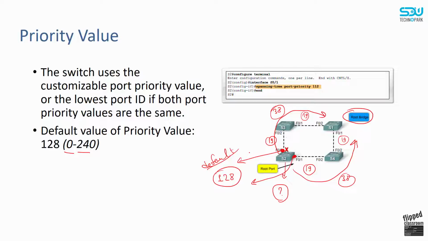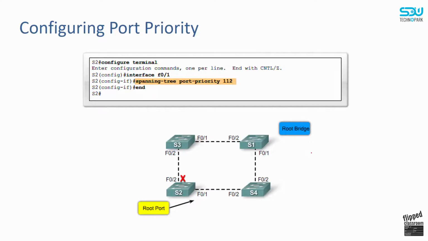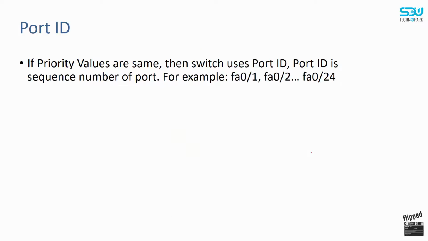But if you already configured your port with the spanning tree port priority, and for example decrement it to 112, then of course FA01 will become the root port. And if the priority values are the same, then the switch uses the port ID, which is just the sequence number of the port.